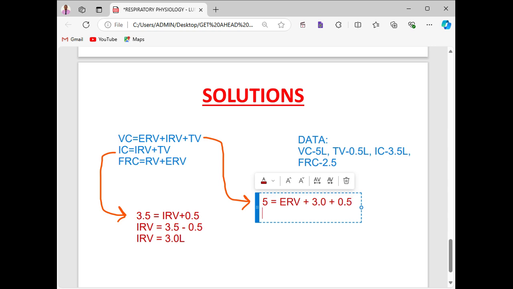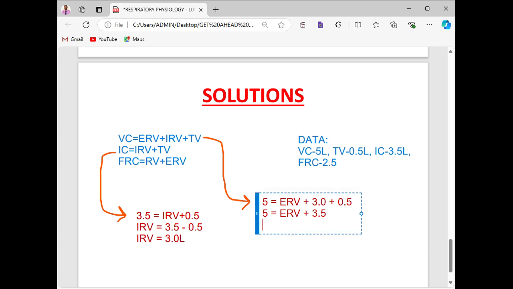You have your 5 there, and then equals ERV. Having added those two, we are going to have 3.5.